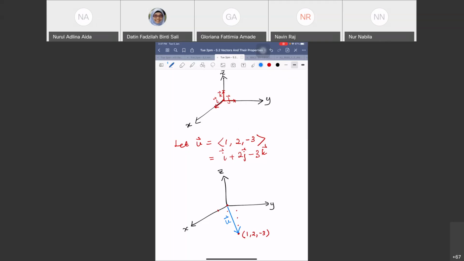If you have, for example, vector w, let's say w is given as minus 2j plus 3k. It means there's no x, no i. Or if I write in terms of this type of component, it will be 0, minus 2, 3.